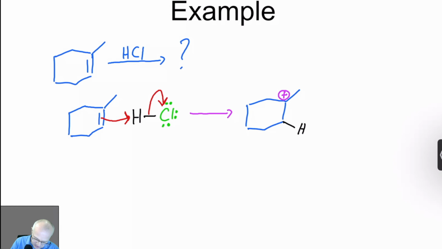Now, let's draw the other potential carbocation so we can see why I picked this one. So instead of putting the hydrogen on the bottom carbon, let's mix things up and put it on the top carbon. So all I'm going to do here is draw both potential intermediates.